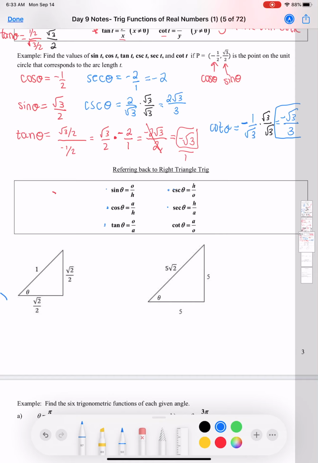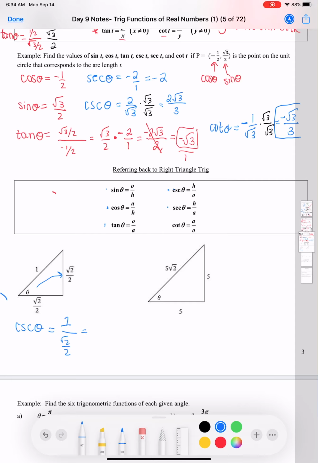So for instance, looking at this left-hand triangle, if I wanted to find cosecant, well, cosecant is sine flipped around, so hypotenuse over the opposite. The hypotenuse of this triangle is 1. The opposite of this angle is root 2 over 2. And so then we would want to simplify this.